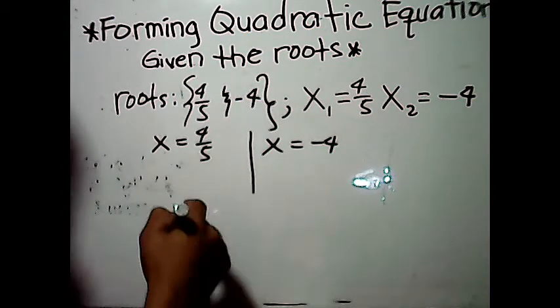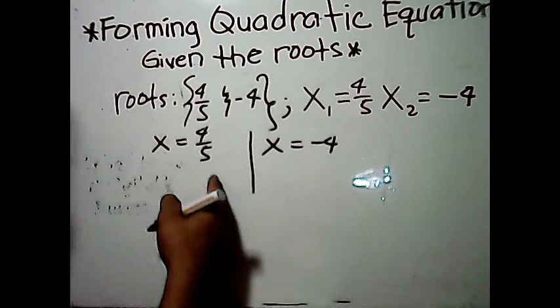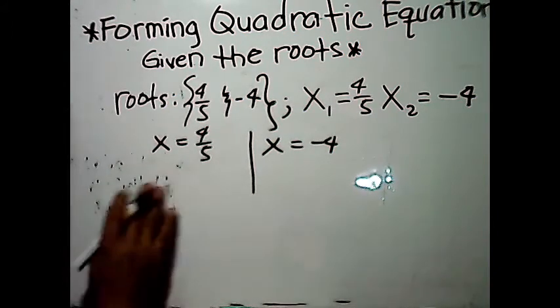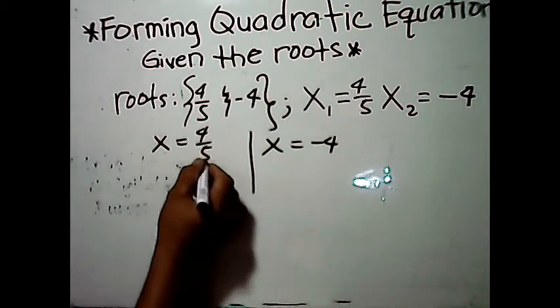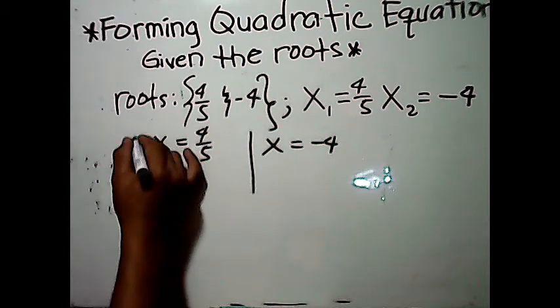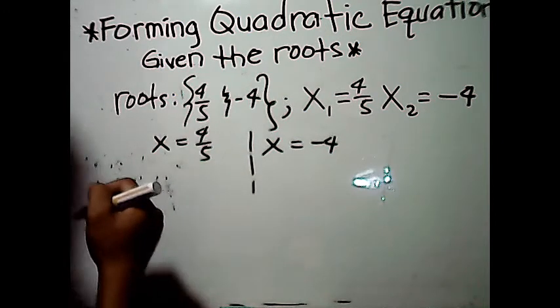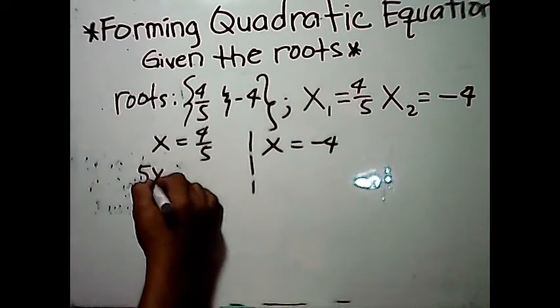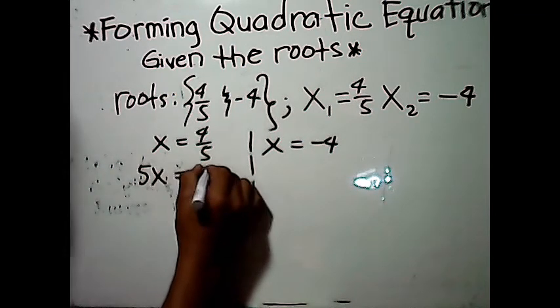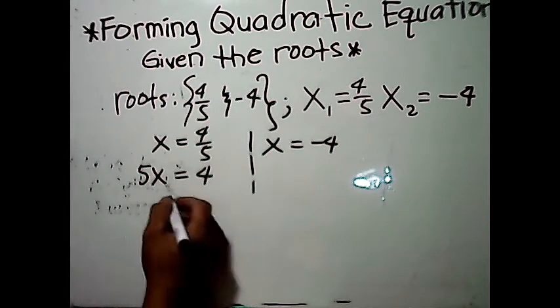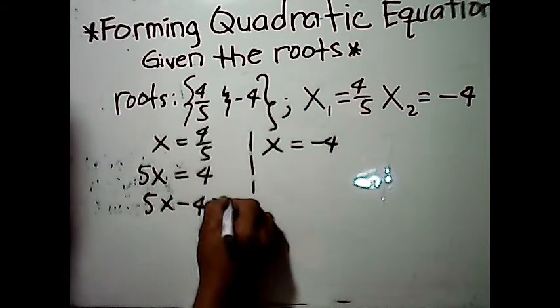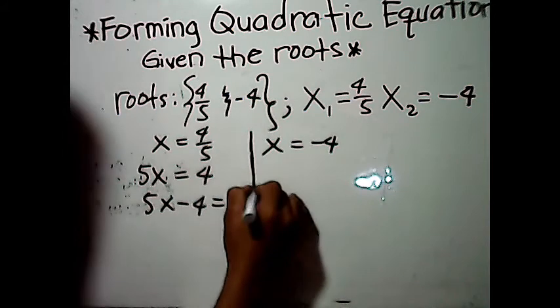Then we will do what we have done previously. We will apply the multiplication property of equality and the addition property of equality. So this will become 5x. We will multiply by 5 because 5 is our LCD. So 5x equals 4. And then this will become 5x minus 4 equals 0.